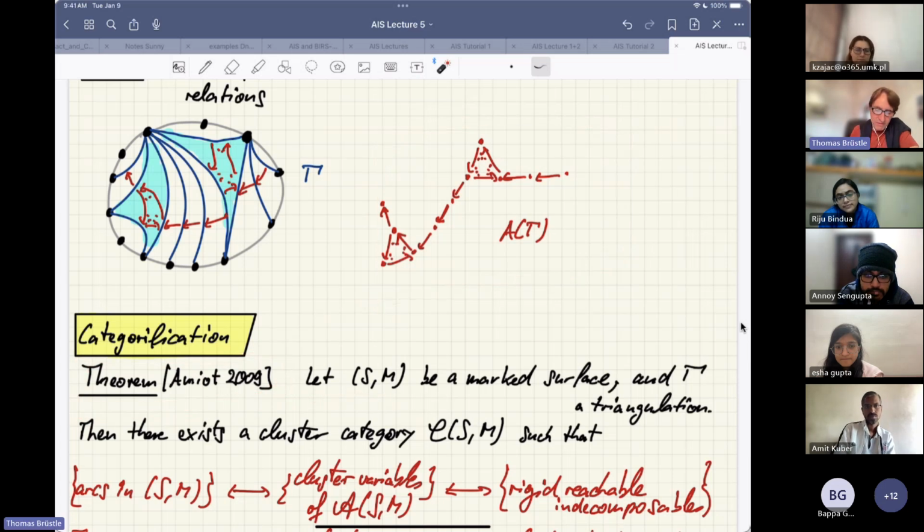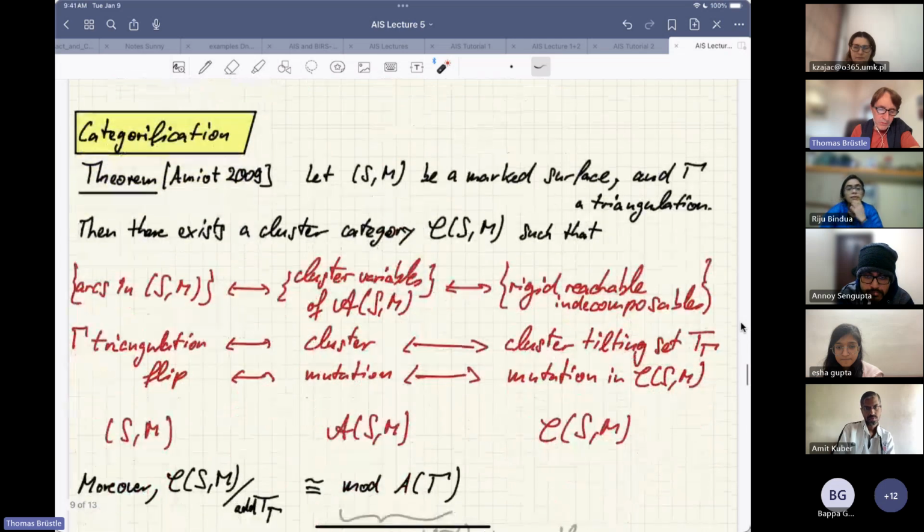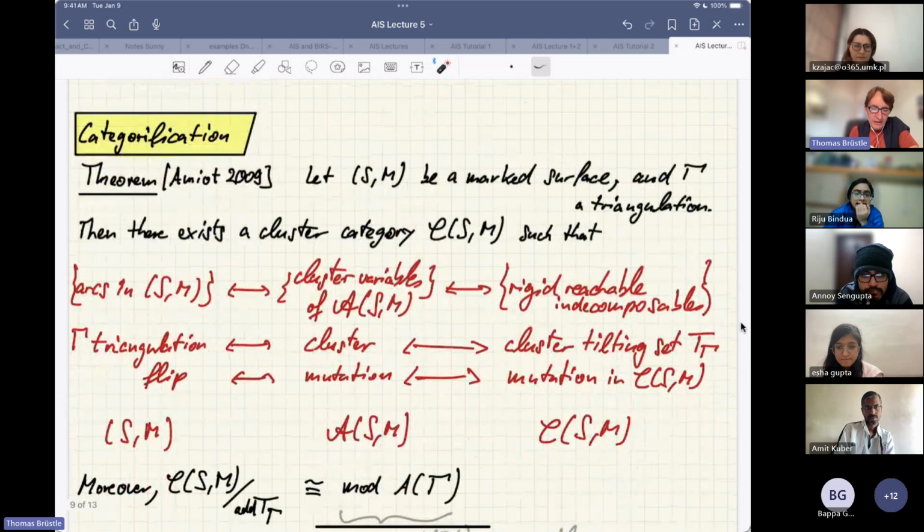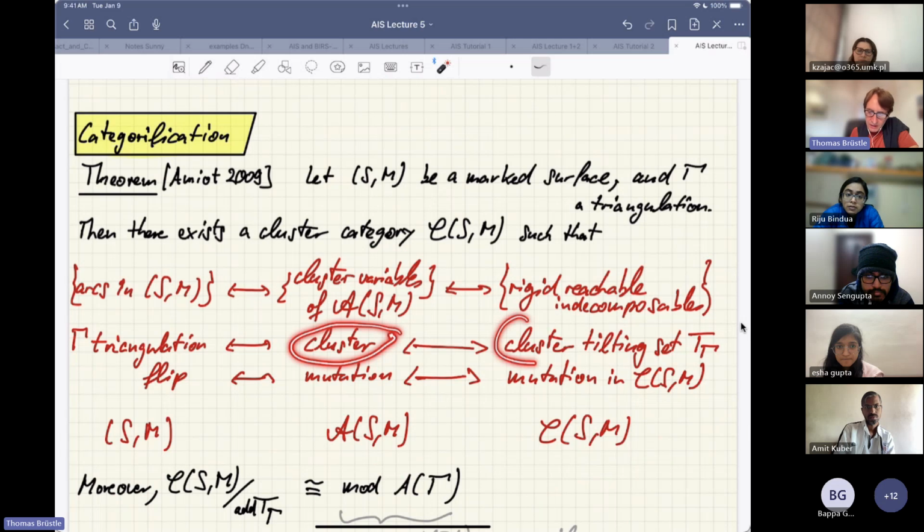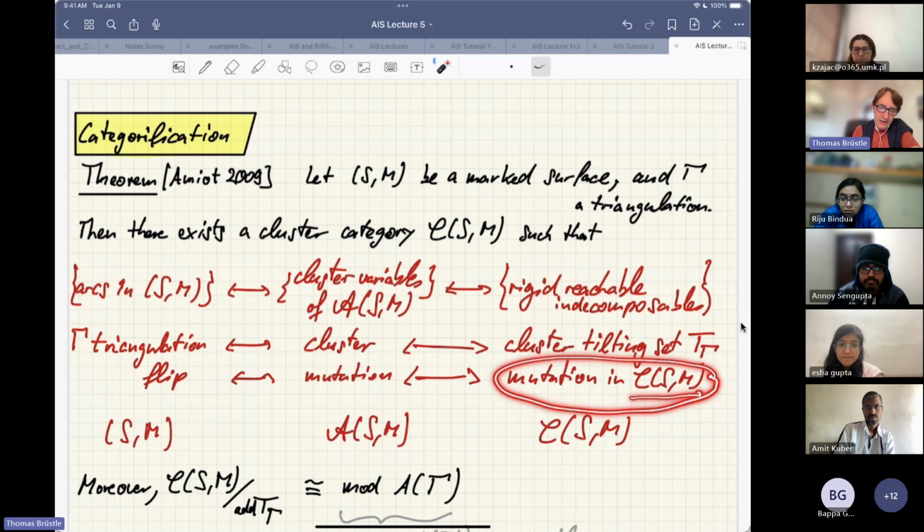For any marked surface and any triangulation, there exists a cluster category, and it satisfies the same properties that we had: the clusters in the cluster algebra correspond to the cluster tilting sets in that new category, and the mutation in the cluster algebra corresponds to some mutation that you can define for objects in this cluster category.